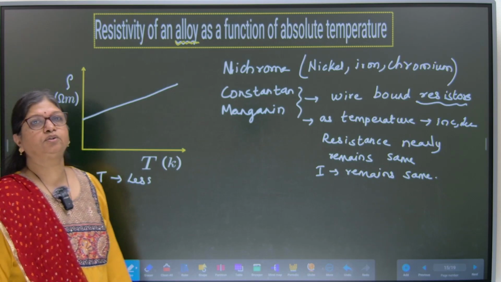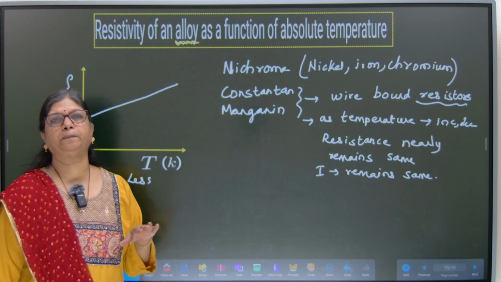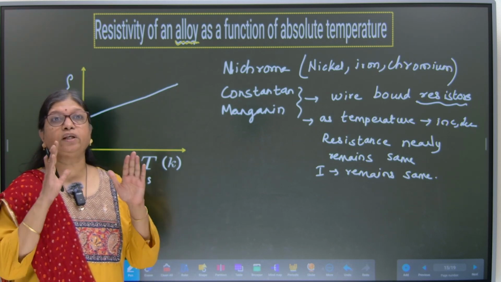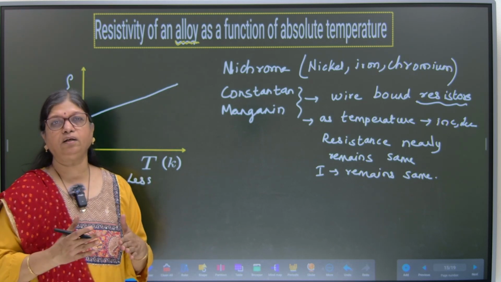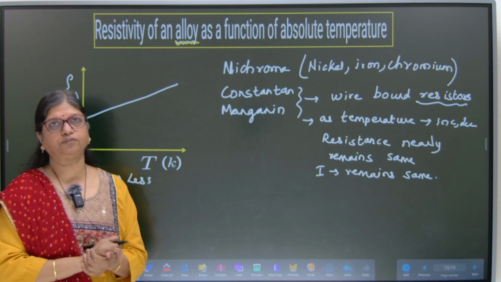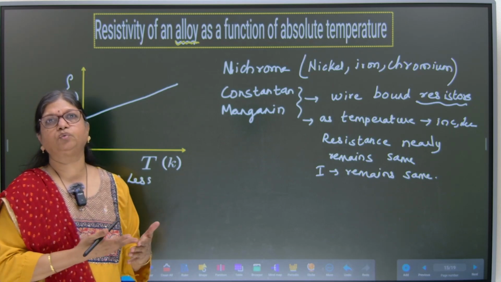Fine. Okay. So I hope this concept is understood by you very clearly and you will use it in your application questions, including the graph. Sometimes graphs may be given, you may be asked to find out the materials.